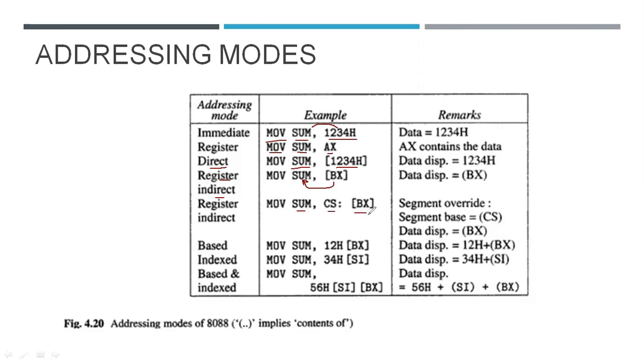This CS is a segment base and it overrides the default, and the data at BX will be sent to the sum indirectly through the segment base, that is CS. In this way we have the based addressing mode, the indexed addressing mode, and a combination of both based and indexed addressing mode. So these are the addressing modes supported by Intel 8088.